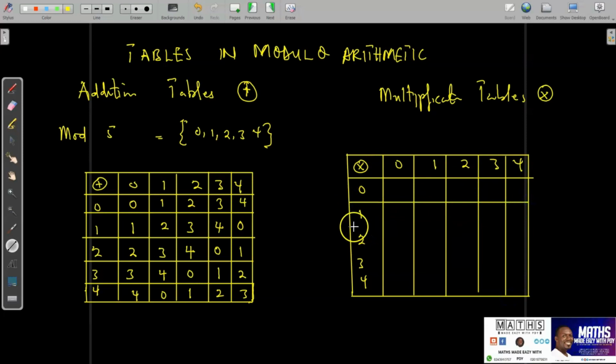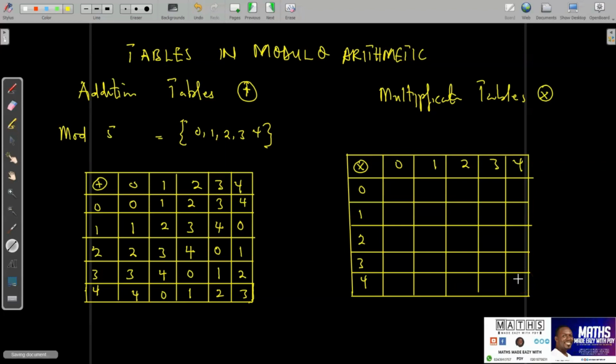Maybe they will say, use the entries 1, 3, and 4 alone. When it happens that way, you don't need to include other entries. So please take note. But unless they ask you to draw the multiplication table or the addition table in mode 6, 7, 8, using all the entries, then for that one, you don't have a choice. You must use all the entries.